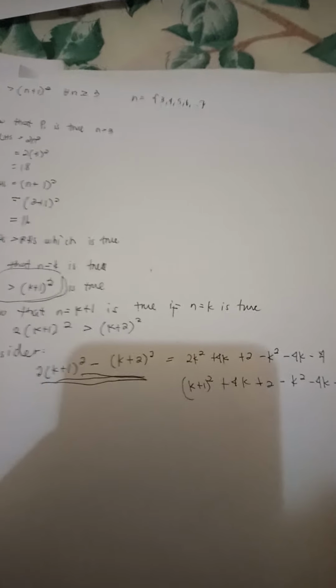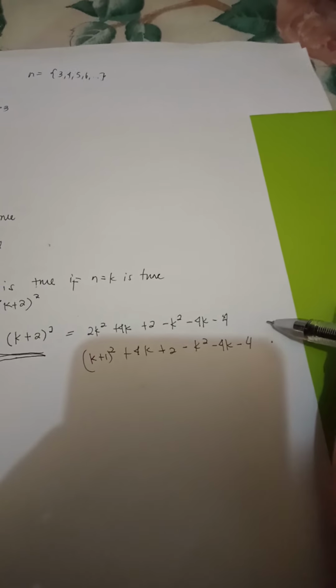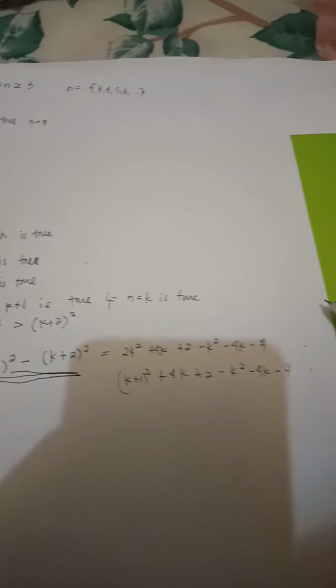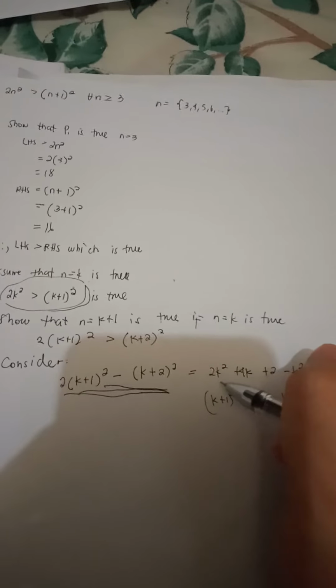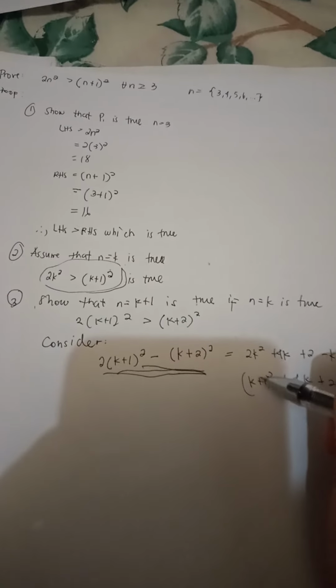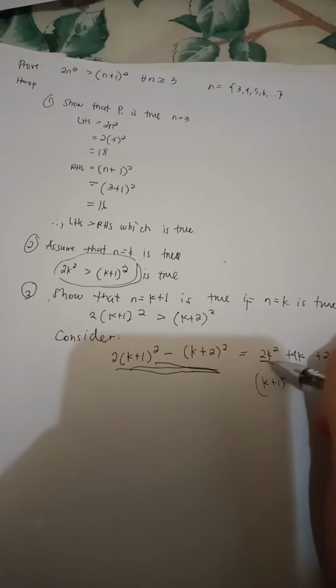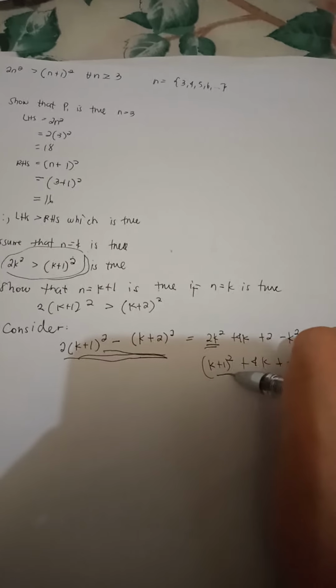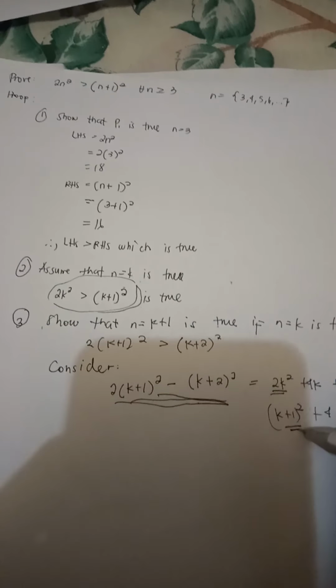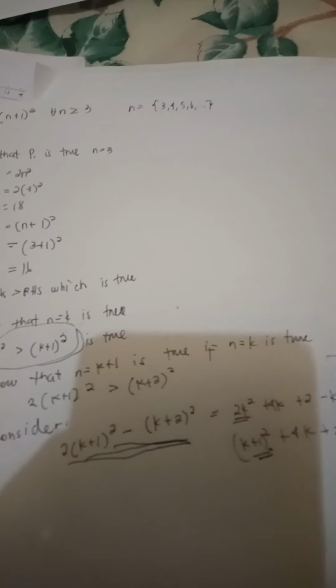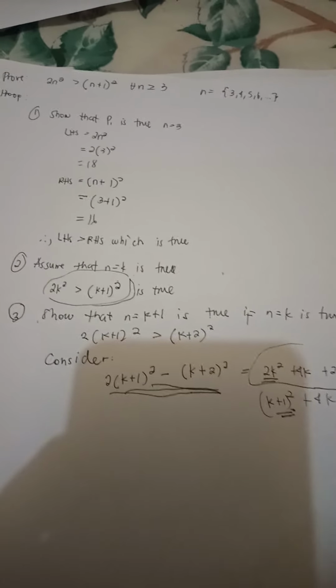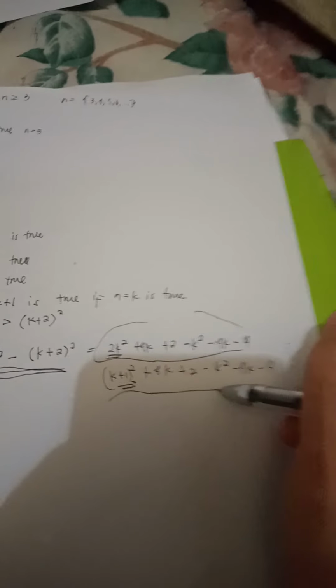So out of these two lines, which one would be bigger? Look at this. By our assumption, 2k squared is greater than (k plus 1) squared. So that means that this whole line is bigger than this line, right?